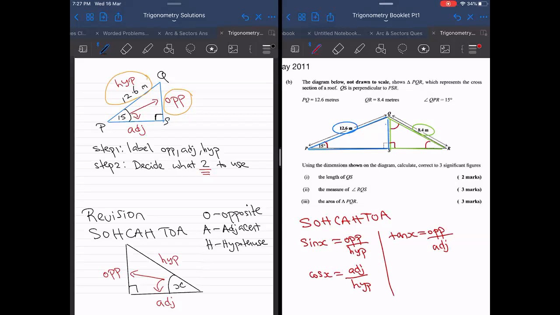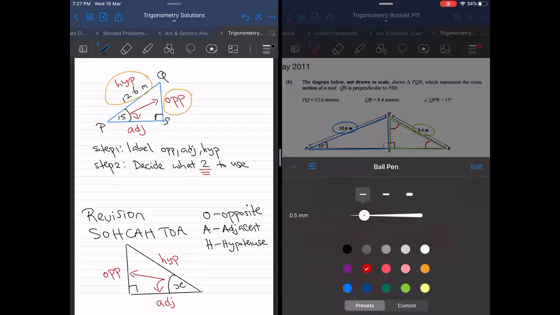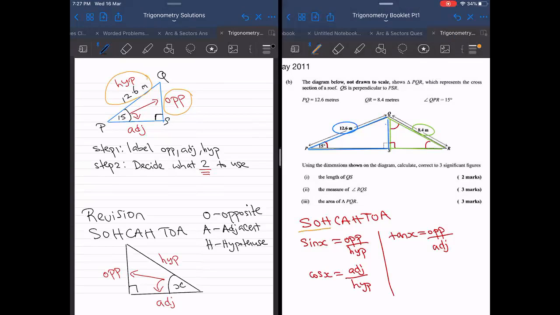So you use the letters to tell you. If you notice, this has SOH. So that's why we have opposite and hypotenuse. So it's like a little acronym to help you remember it.